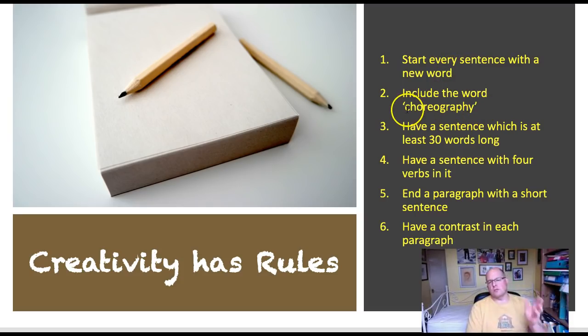I've set myself a stupid idea of having a particular word that I've got to put in. I'll have one sentence that is at least 30 words long. I'll have another sentence which has at least 4 verbs in it. I'll end at least one paragraph with just a really short sentence, and I'll have a contrast in each paragraph.